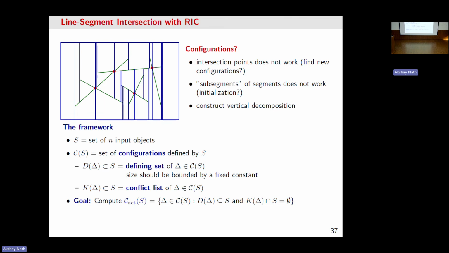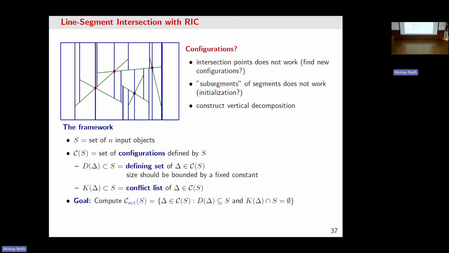So hopefully that means we can distribute things quickly. And therefore the whole algorithm with some effort can be made to run in time that depends on the total size of the conflict list that we ever create. So what is the total number of trapezoids that we ever create?